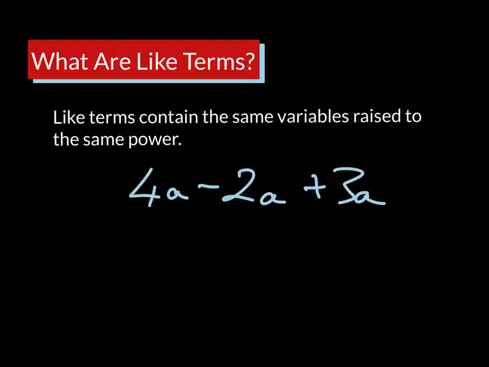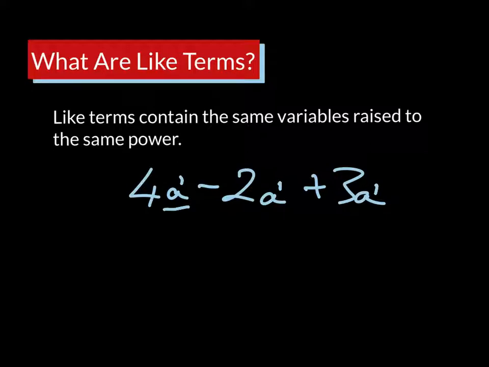There are three terms. The first term includes the variable a, which doesn't have any exponent, or we could say it's raised to the first degree or the power of 1, since anything to the power of 1 equals itself. The second term, 2a, has the same variable, and the third, 3a, has the same variable.